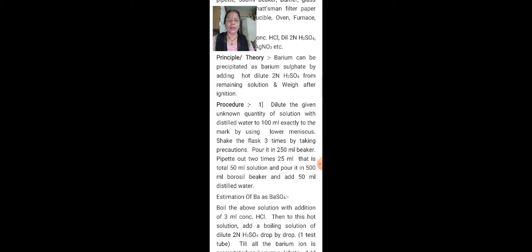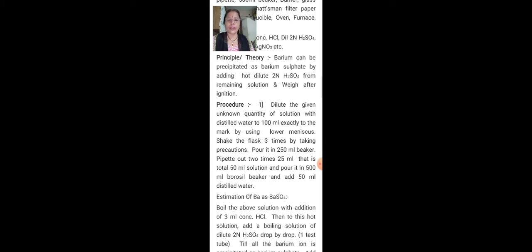Students, the gravimetric flask has a mark on it. If you are supplied the solution in a 100 ml flask, make it up with distilled water till the mark, 100 ml. Shake the flask 3 times, taking precaution that no drop of the solution comes out while shaking. Take care that the shaking is done in a proper manner.